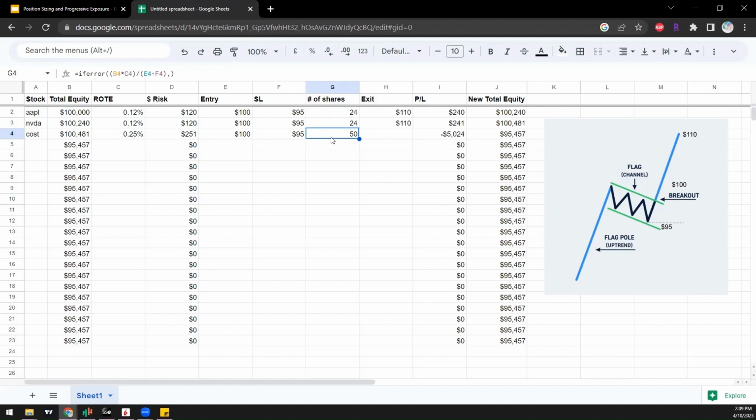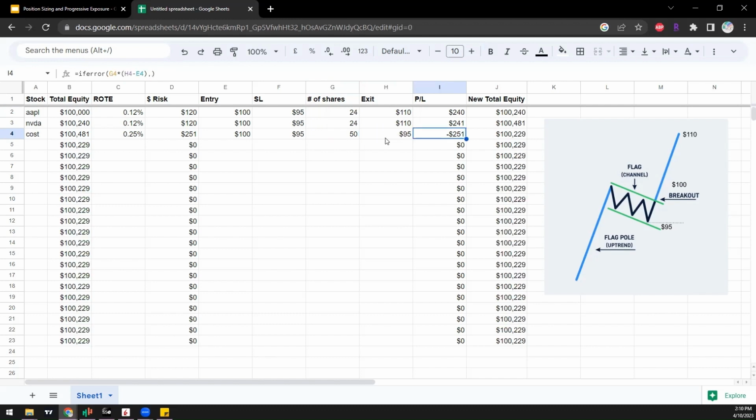So my position size has increased. I buy 50 shares of Costco and my stop loss is hit. So I'm exiting at $95. And what I lose on this trade is $250.